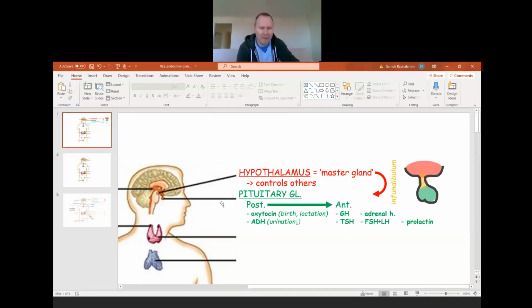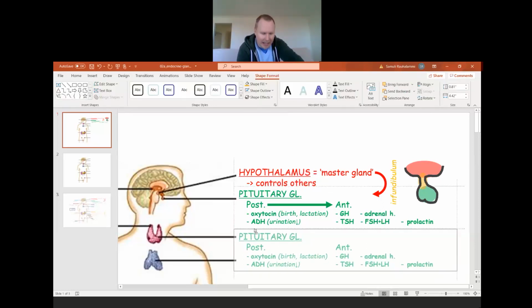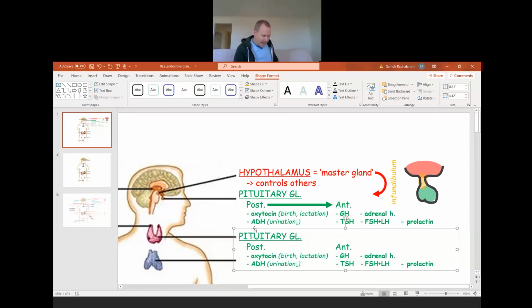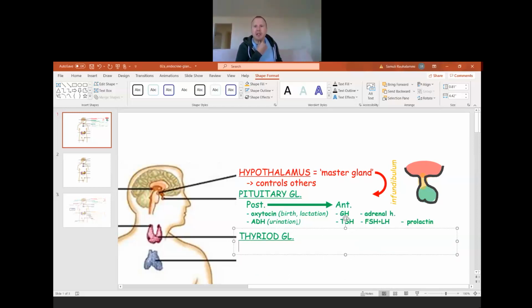And we're ready to have a look at the thyroid gland. The thyroid gland is the gland located kind of at the neck on top of our thyroid cartilage. And thyroid cartilage then had this prominent feature of the Adam's apple, so pharyngeal prominence.